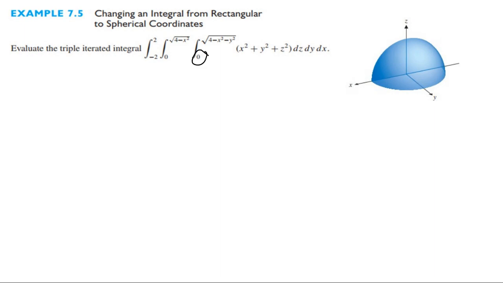So this is the xy plane. This is a hemisphere. So xy plane and a hemisphere.